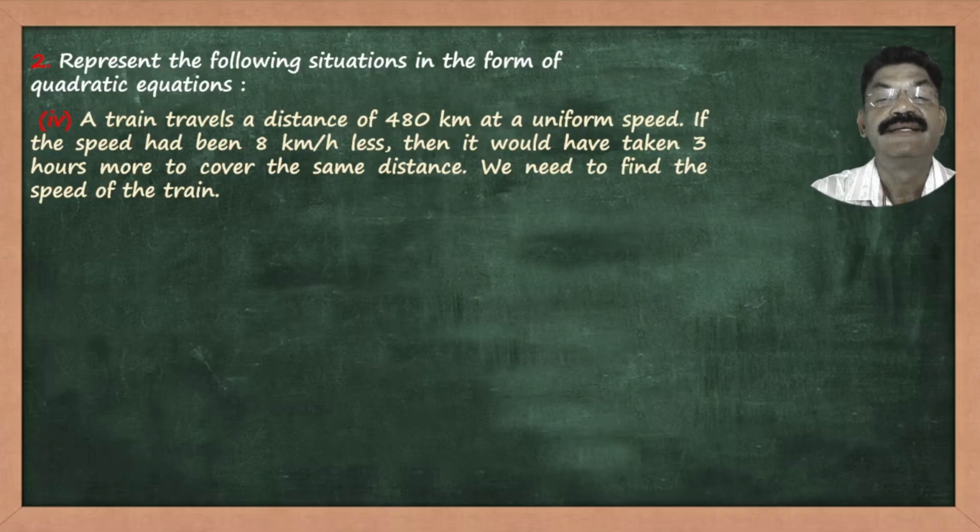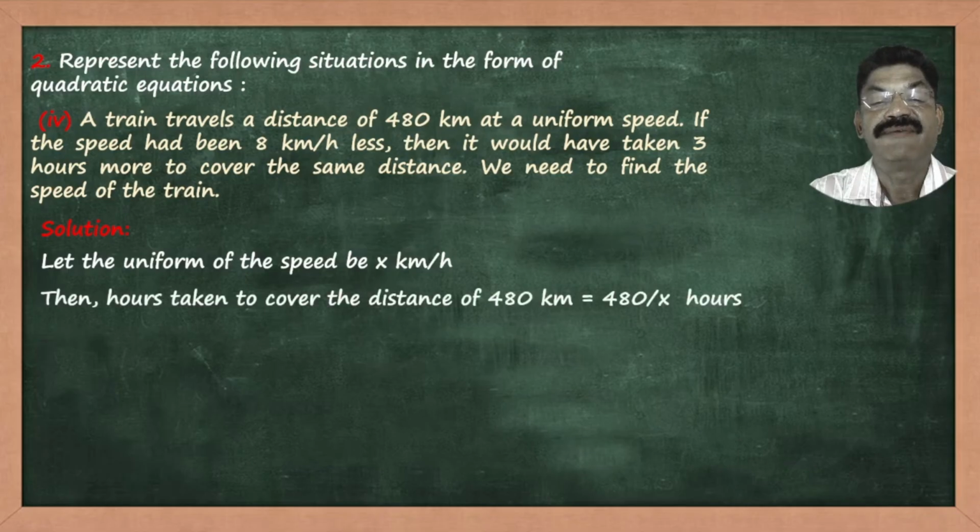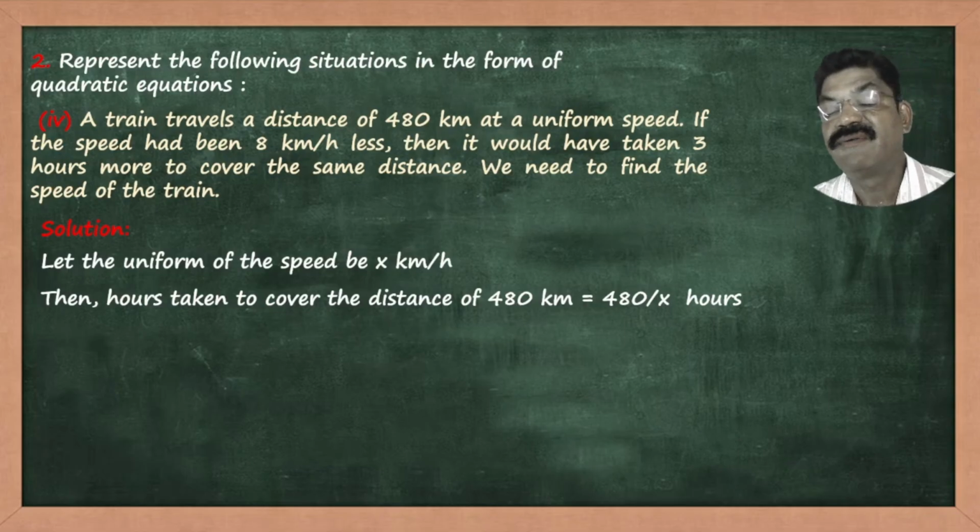So we take x as the speed of the train. The uniform speed of the train is x km per hour. So what is time? The hours taken to cover the distance of 480 km is equal to distance divided by speed. You remember the formula, distance divided by speed is equal to time, or the total hours taken to cover the distance.